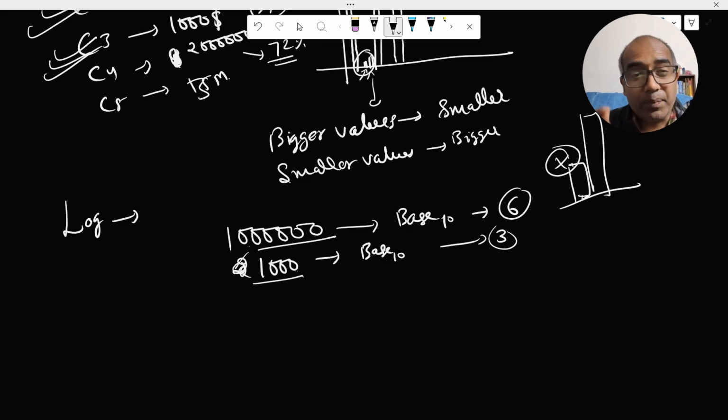So in layman's terms, if someone asks you what a log is, you can say that logarithms are just a magical magnifying glass which makes bigger values smaller and smaller values bigger. And the example was in front of you.